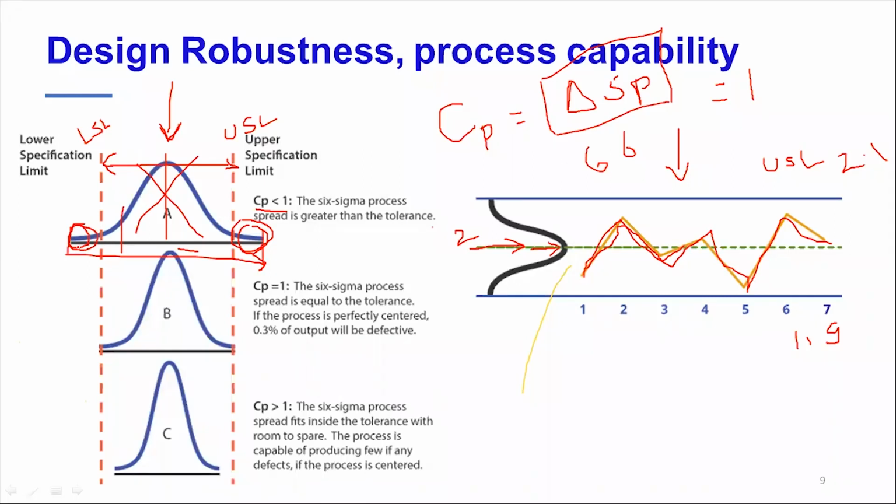So if you divide your delta of upper spec limit and lower spec limit by 6 sigma, the number is going to be less than 1. So we say that a CPK less than 1 is not really good and the process is to be rejected. What you try to do is CP equal to 1.